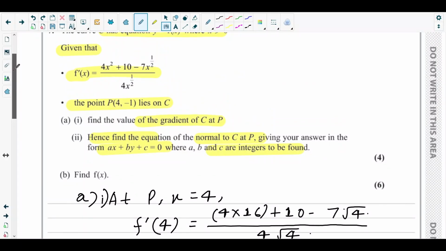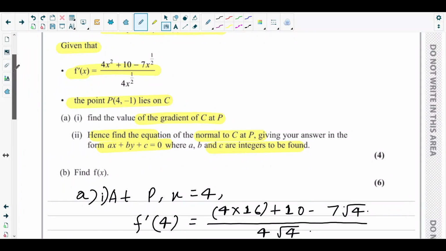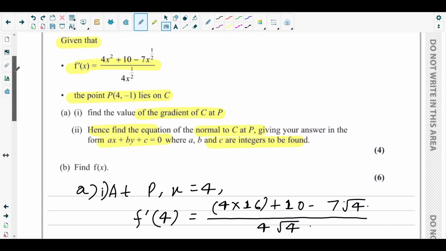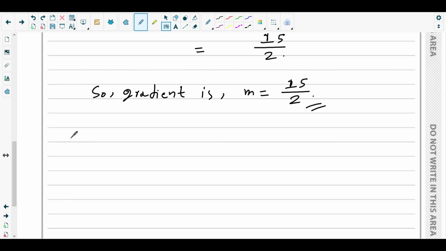So the gradient of the normal would be the negative reciprocal of the gradient of the curve at the point P. So for part 2, the gradient of the normal will be negative 2 over 15. And it passes through the point P definitely.